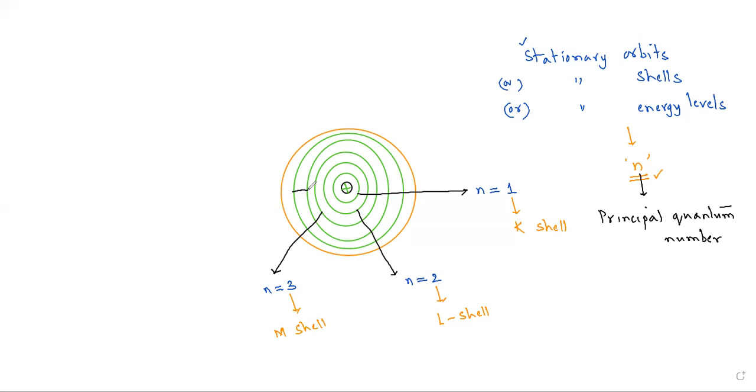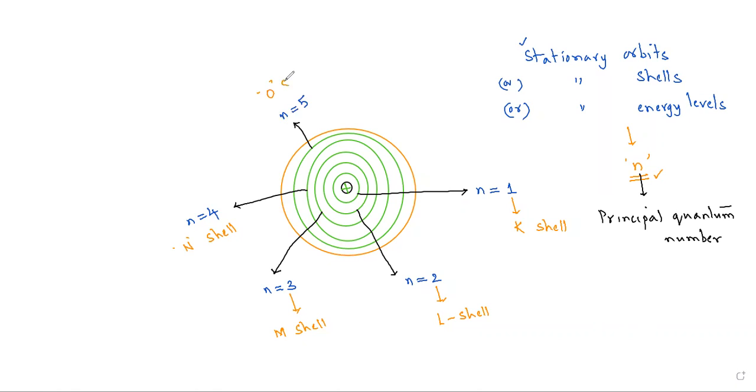Then go for this. Say for this n is equal to 4. And this is N shell. Similarly, when you consider n as 5, it is called O shell.